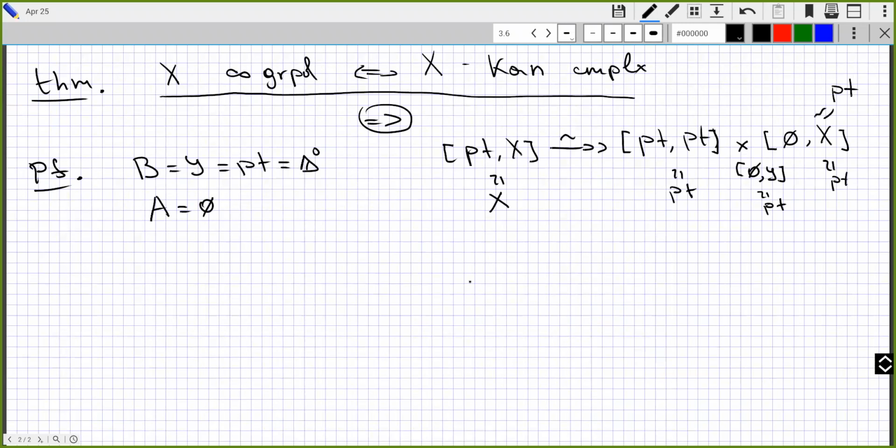And what you see is that for any infinity groupoid, it is a trivial fibration over the point, and therefore X is a Kan complex just by definition.